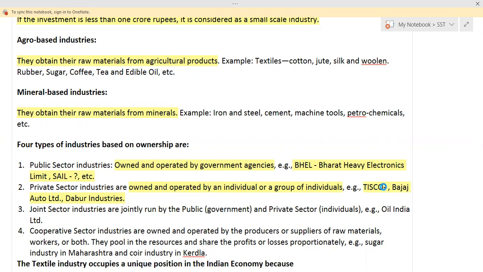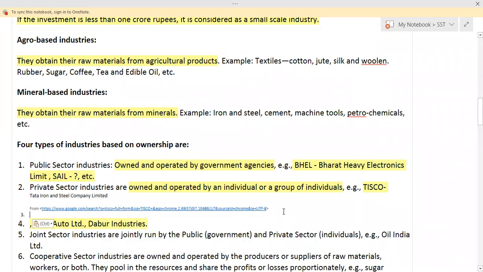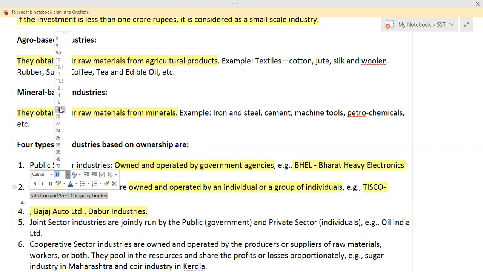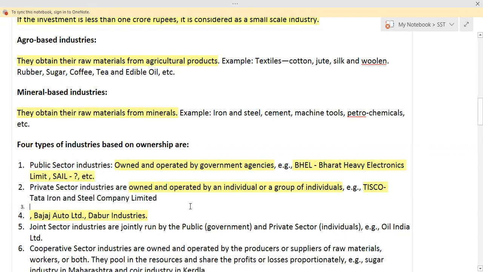TISCO is Tata Iron Steel Limited. You must be knowing Ratan Tata ji. His father was the owner of TISCO.